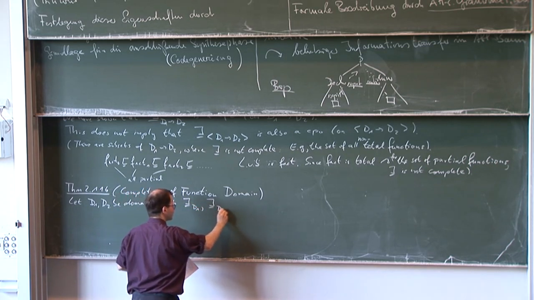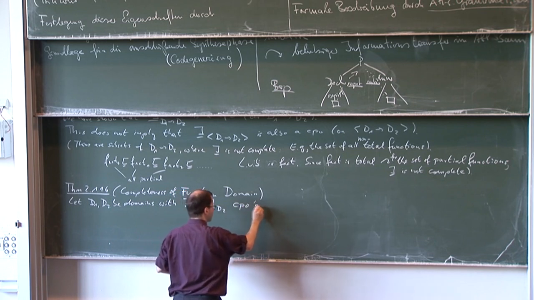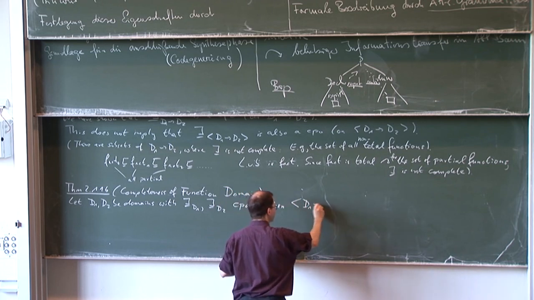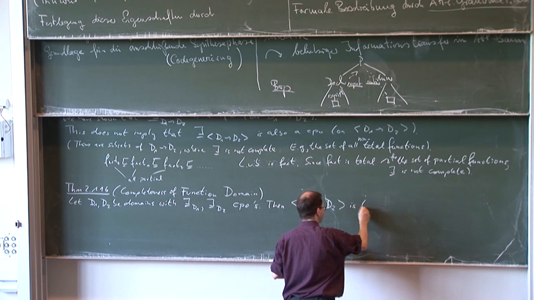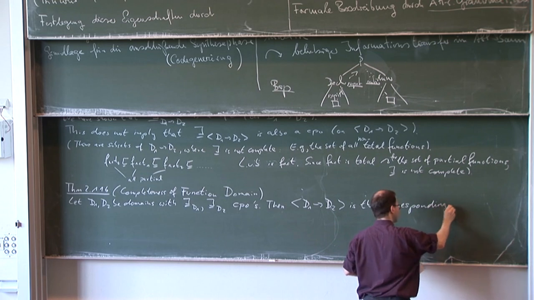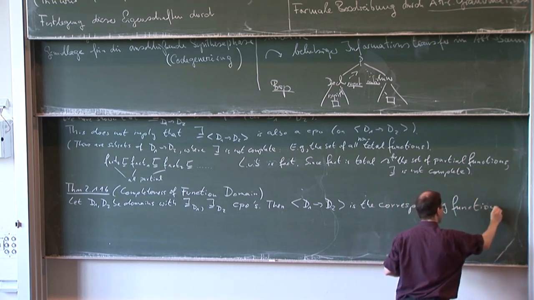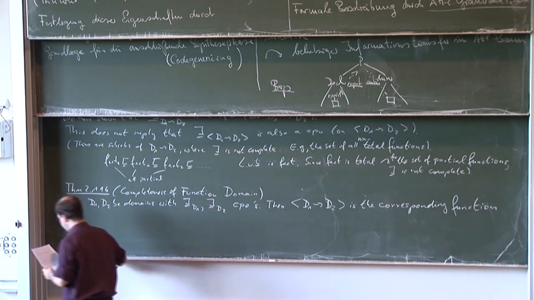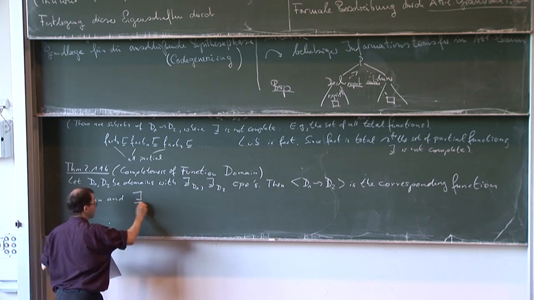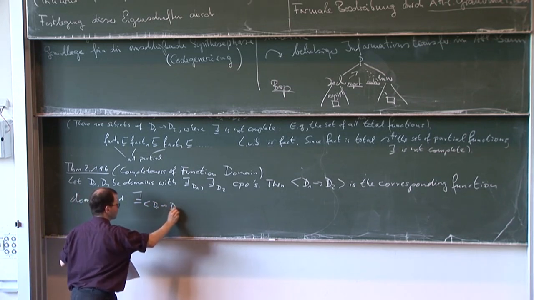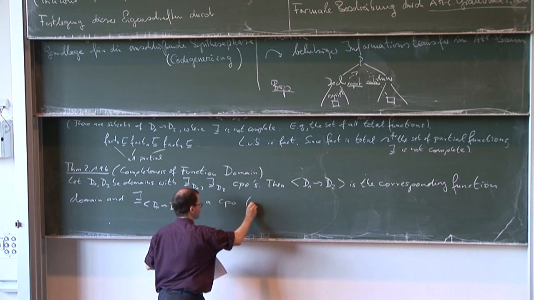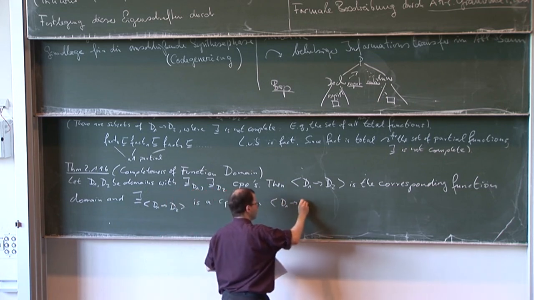So this relation and this relation are complete partial orderings. Then the set of all continuous functions from D1 to D2 is the corresponding function domain. And the less defined or equal relation on this function domain is complete. So this is a complete partial order on the continuous functions.